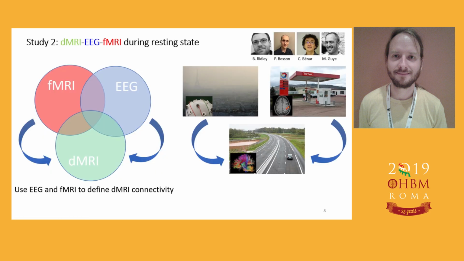With this in mind, we can now ask the question: when we're measuring EEG and fMRI connectomes in the brain, can we use this to better describe the function-structure relationship of the human brain? So the question we're asking here is, when characterizing the function-structure relationship, does EEG provide additional value?